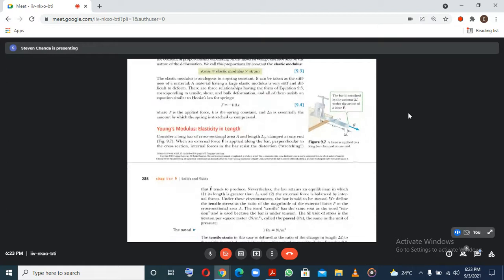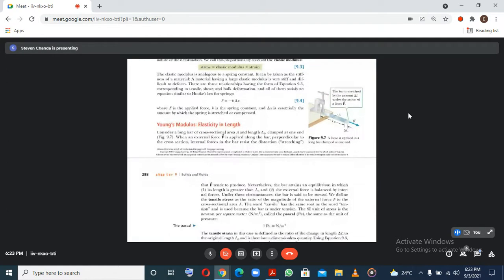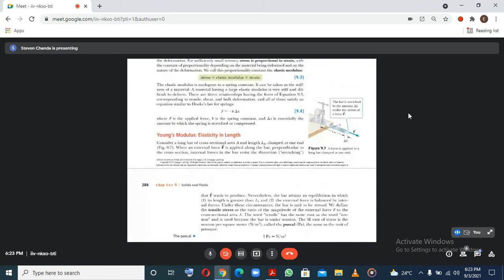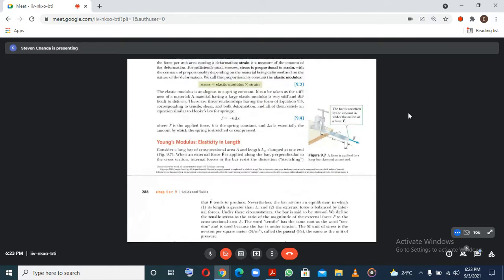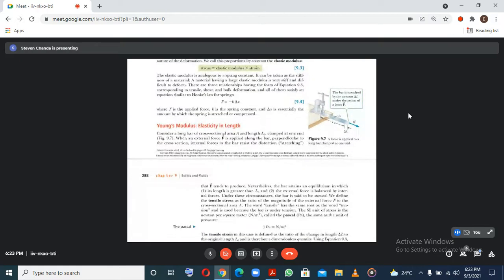You may remember when we were looking at spring potential energy, we talked about Hooke's law, and we said so long as the spring is not deformed, Hooke's law is going to stand. But if the spring is deformed, Hooke's law is not going to stand, because that particular material is going to be deranged, and it cannot return to its initial position, right?